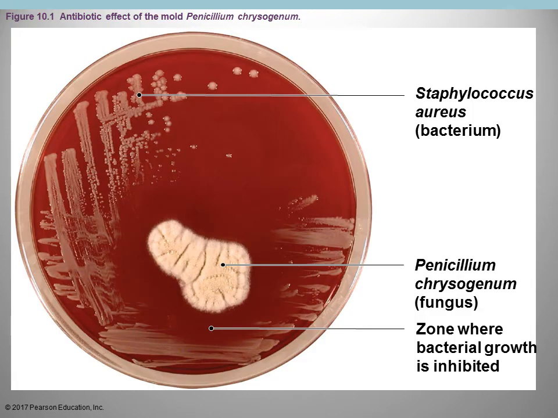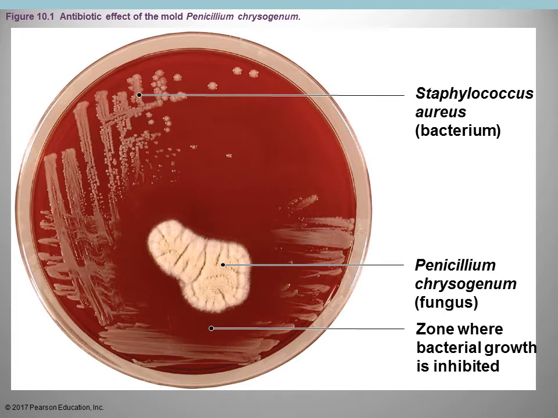Penicillin is an example: it's produced by a fungus, but it has antimicrobial properties against certain bacteria. This plate shows a particular species of Penicillium. As I said, it's a fungus, and it produces penicillin, which is the antibiotic.